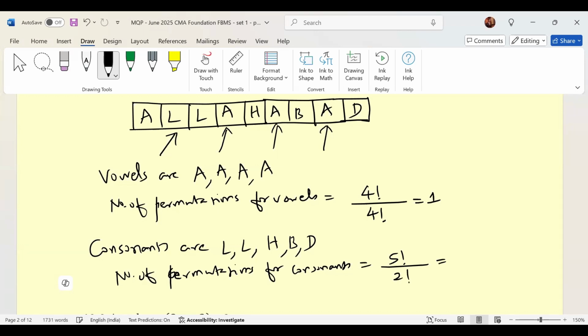So we will get 5 into 4 into 3 into 2 factorial divided by 2 factorial. This and this get cancelled. 5 fours are 20, 20 into 3, 60.